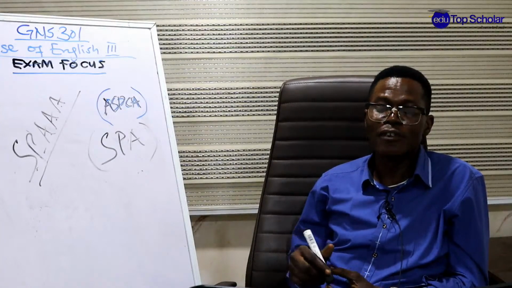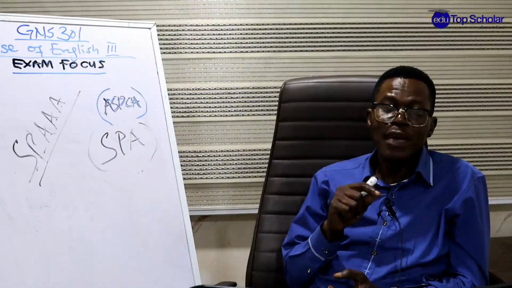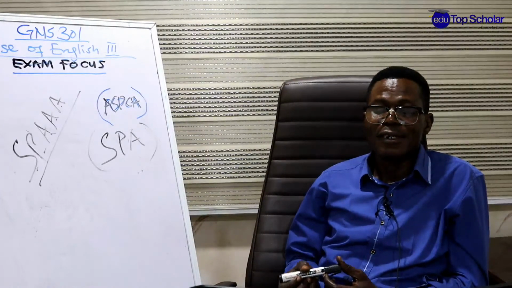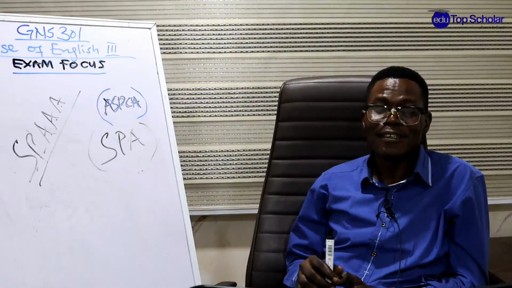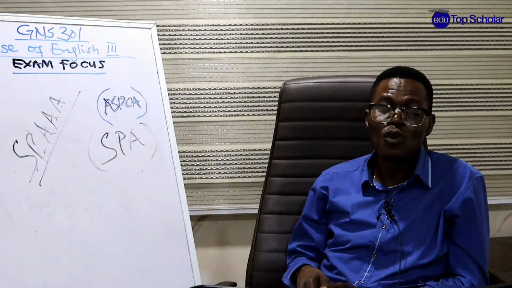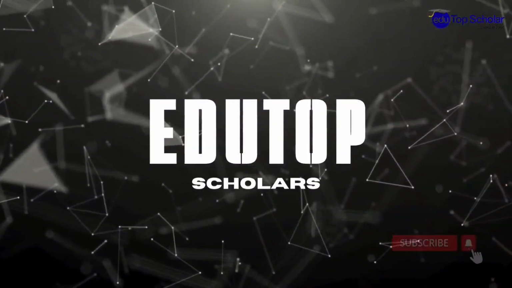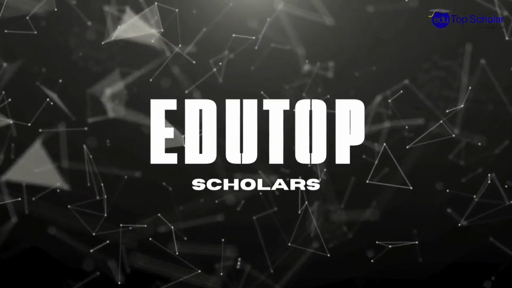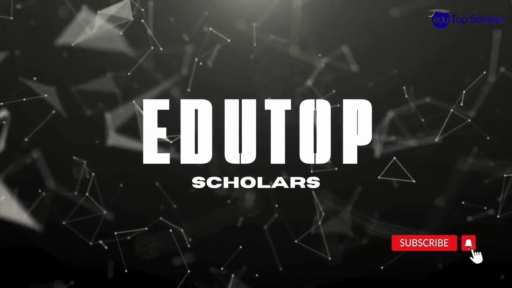And we can also have an adjunct, but it's not compulsory. Remember I said adjunct is an optional element in any sentence. If you have a sentence with an adjunct, remove the adjunct, the sentence will still be meaningful. But you cannot do that for the predicator and the complement. It will not be meaningful again. So the predicator is the most compulsory element in any sentence.